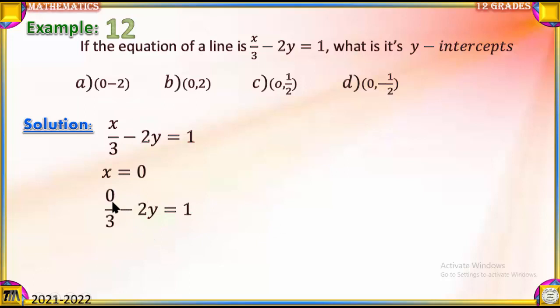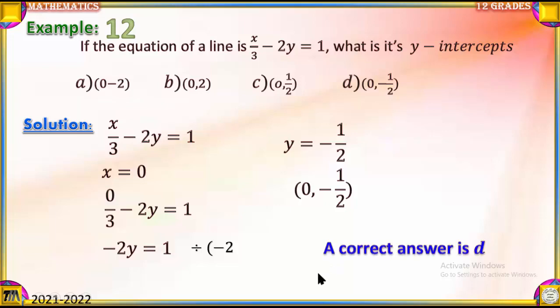Then 0 over 3 minus 2y is equal to 1. 0 over 3 is 0, so minus 2y is equal to 1. Dividing by minus 2, y is equal to minus 1 over 2. Then (0, minus 1 over 2) is the y-intercept. Then the correct answer is D.